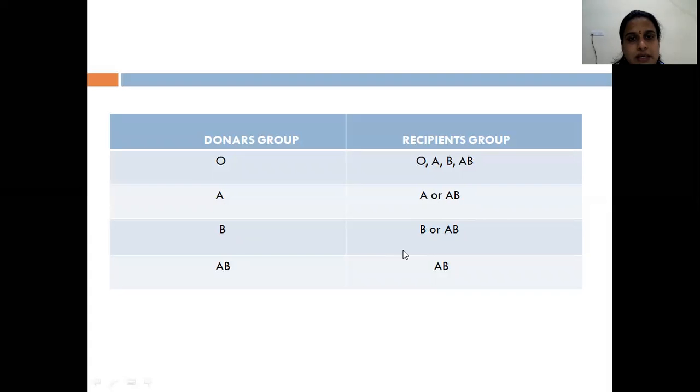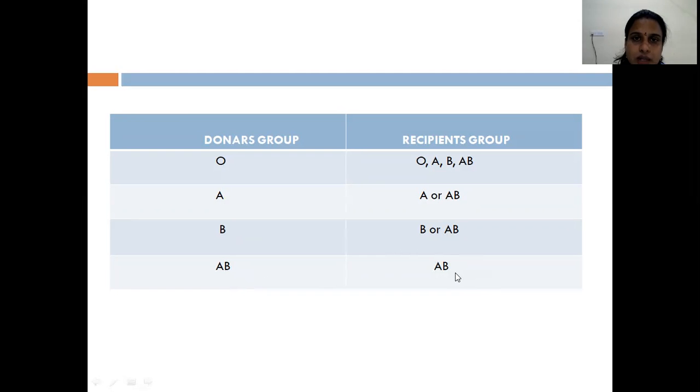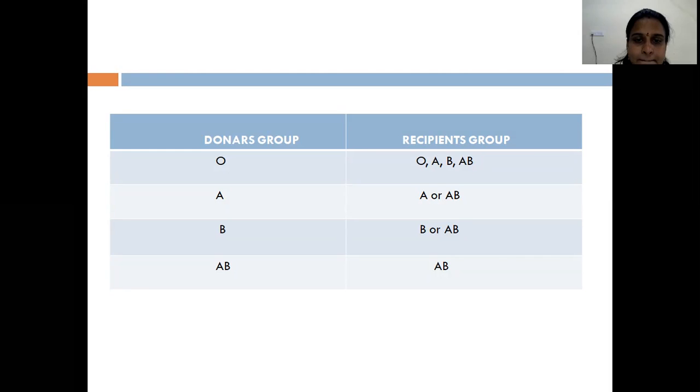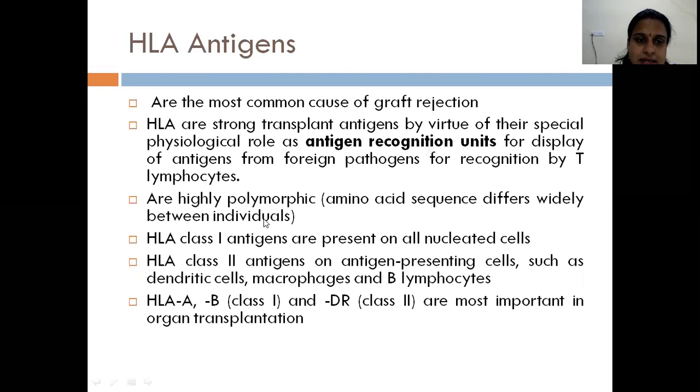Likewise, B to B or AB. AB is supposed to donate only to an AB recipient. Okay, so this you all know. This is just refreshing your memory. The basics of immunology are going to be discussed. I hope all that is already covered well, with a strong foundation from your microbiology classes during your second year MBBS. Okay. So again, these are HLA antigens.